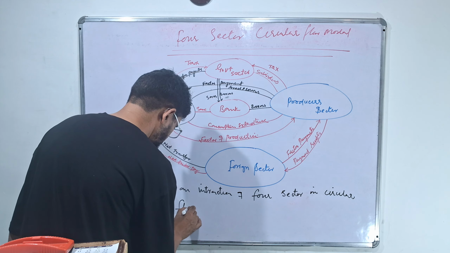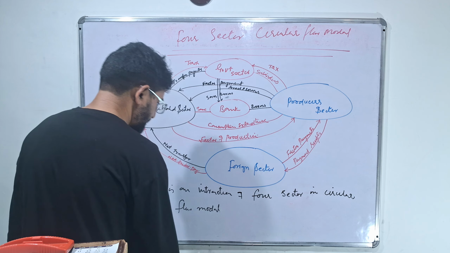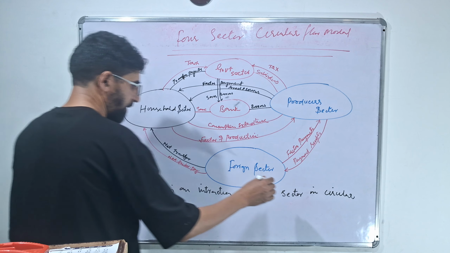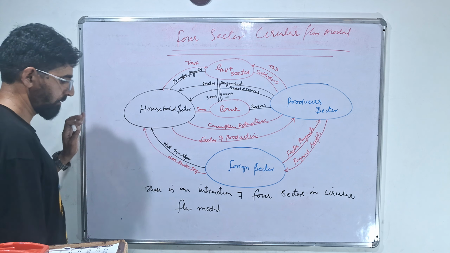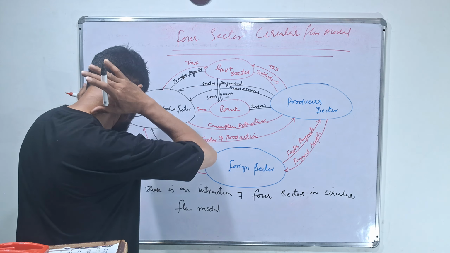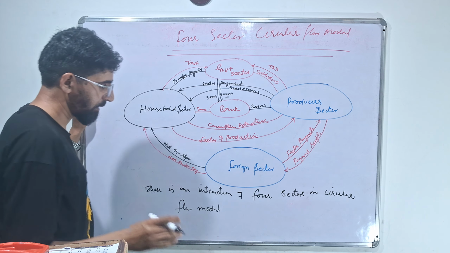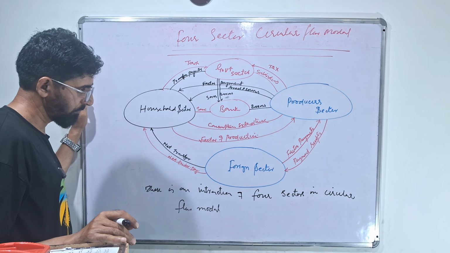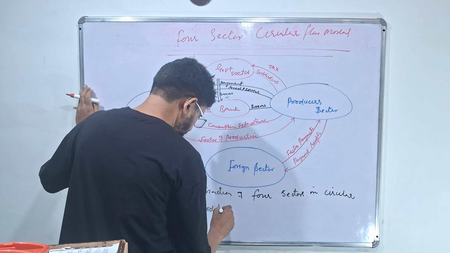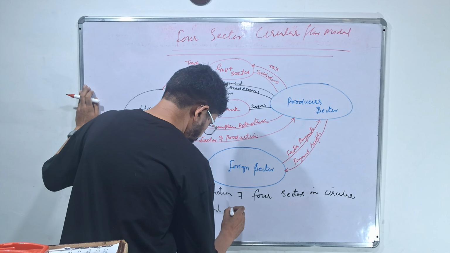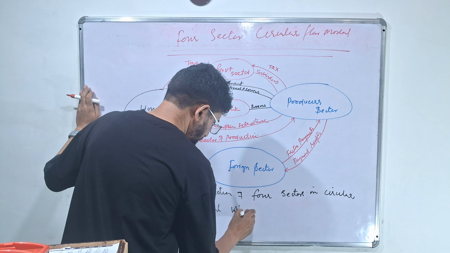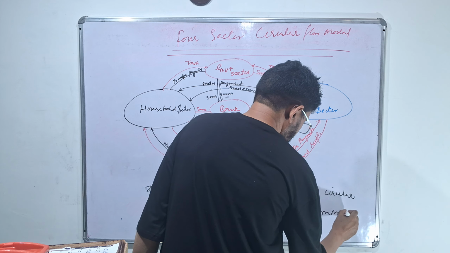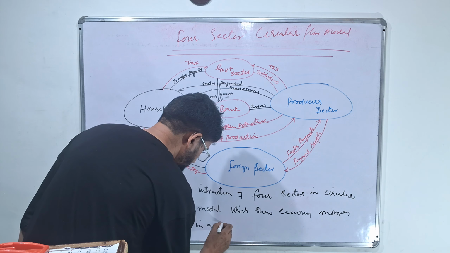There is an interaction of four sectors in the circular flow model, which shows the economy moves in a circular flow.